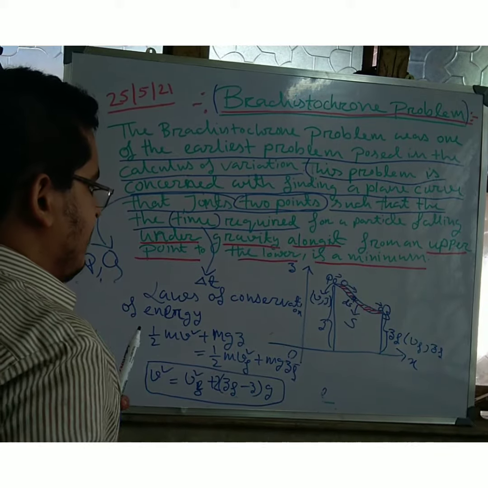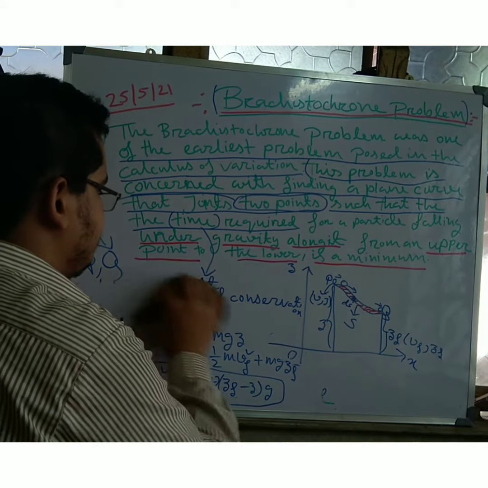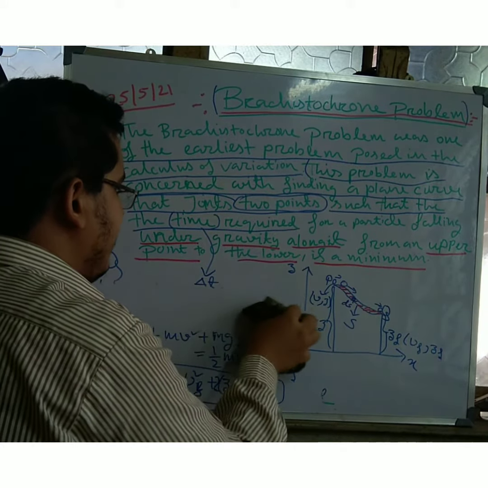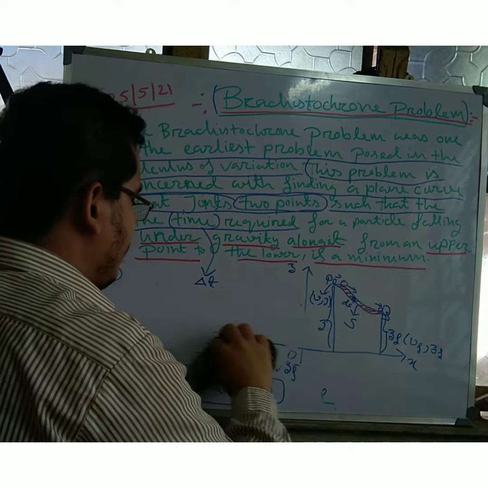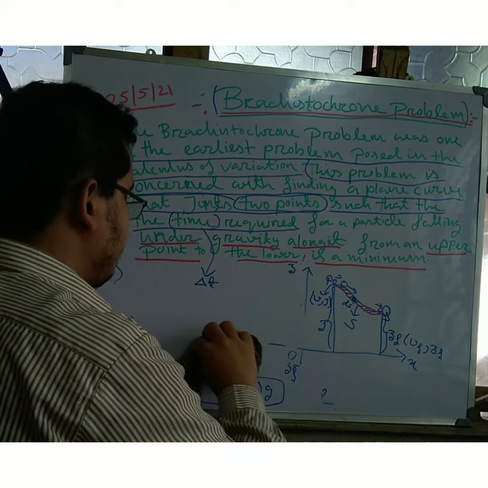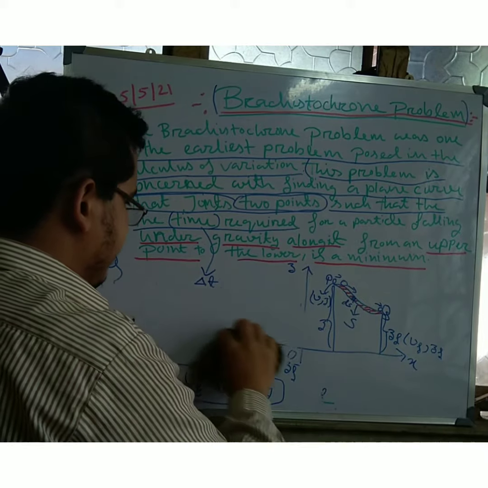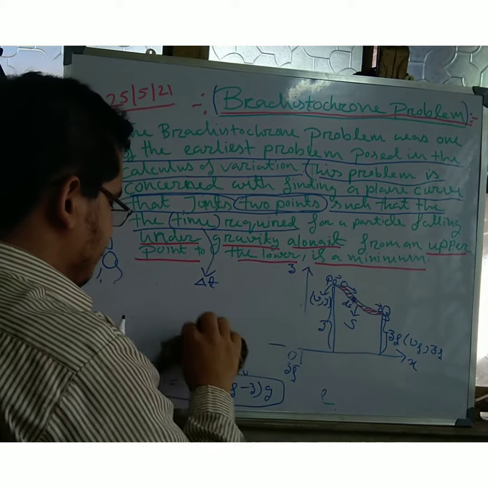Now I move on, because whatever I am doing is according to the concept. What is the concept? This is the theory. I just work it out as mathematical theory.